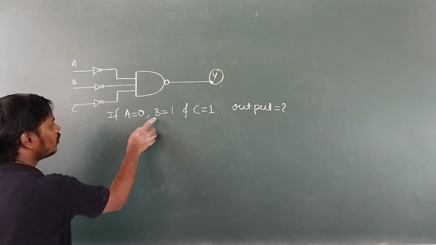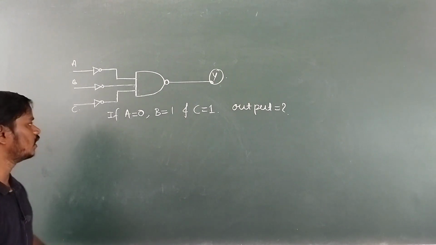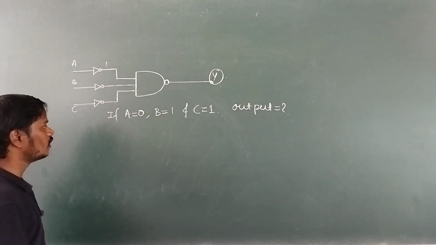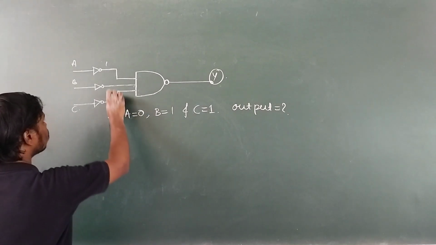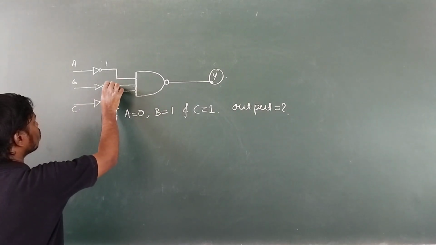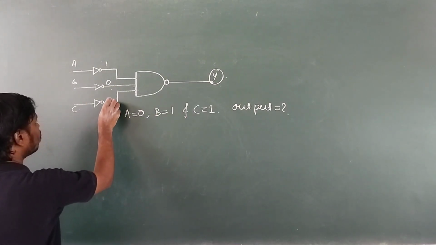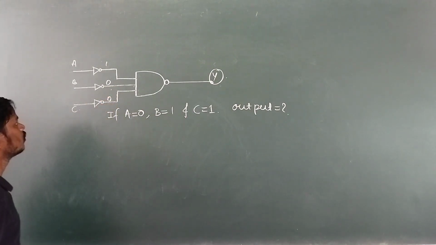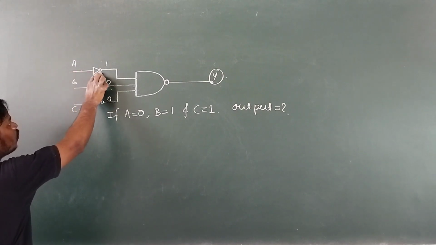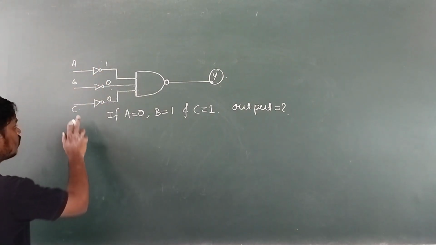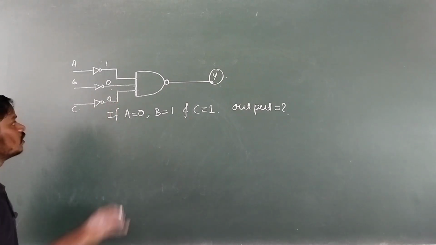Here a value, b value and c value are given. Then a is 0, then complement of 0 is 1. Then b is 1, then complement of 1 is 0. Then if c is 1, then complement of c is 0. So a is input for the first NOT gate, b is input for the second NOT gate and c is input for the third NOT gate.